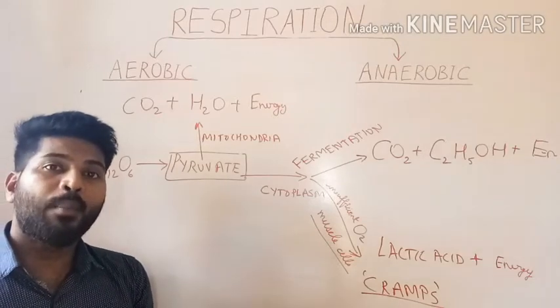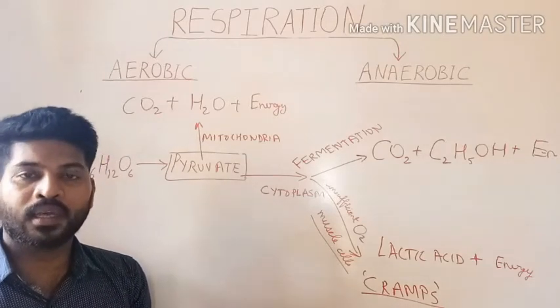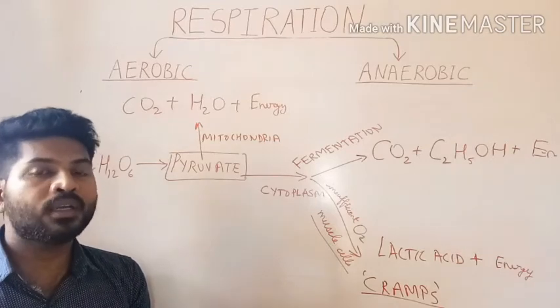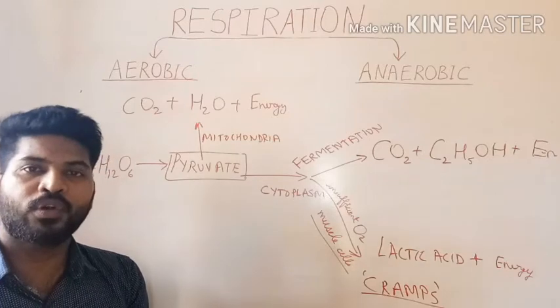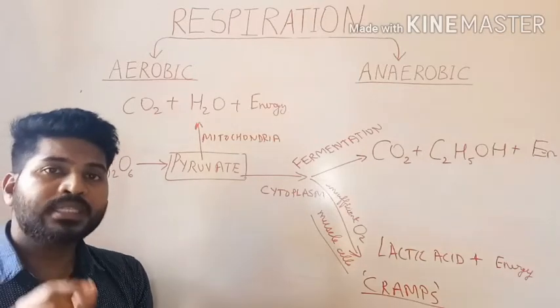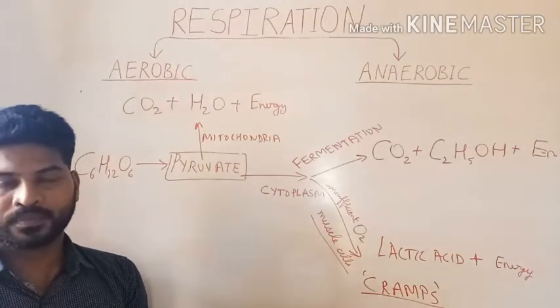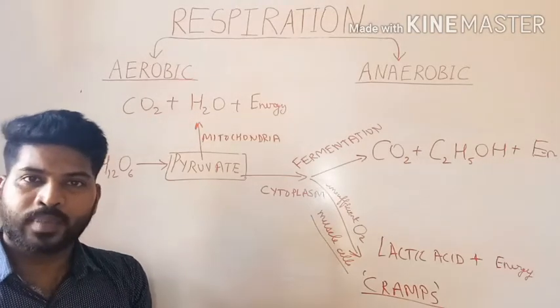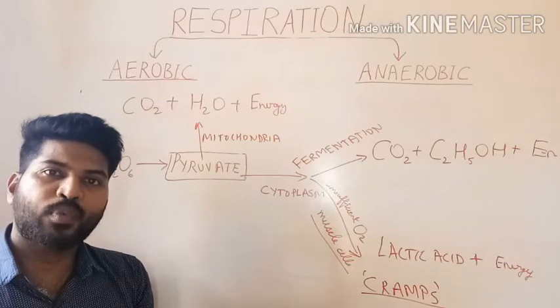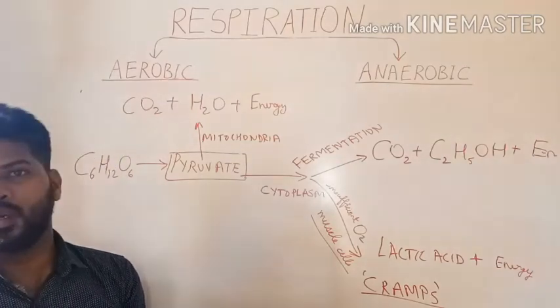But in the case of multicellular organisms where there are organs and organ systems, as you know, diffusion is not enough to supply oxygen to each and every cell. So there are specialized organs present to transport oxygen to different parts of the body.